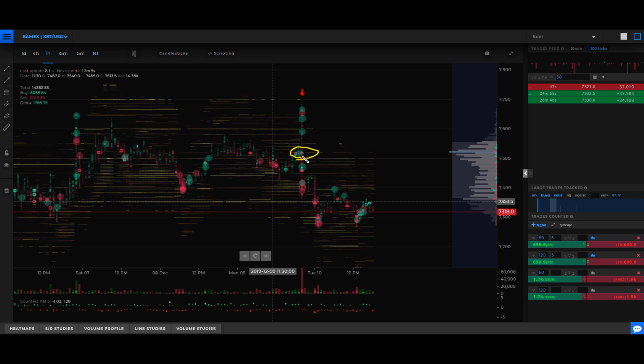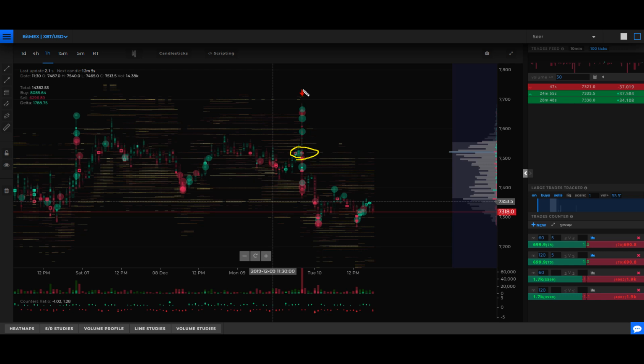It's a red colored volume imbalance, so that's a sell volume imbalance, which means that in the order book at this specific price there was a large quantity of sellers. We've set the quantity to 300%, so there was 300% more sellers than buyers in the order book at this price point.